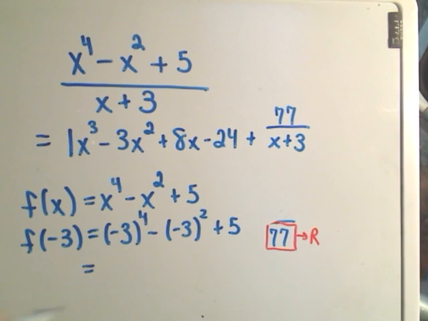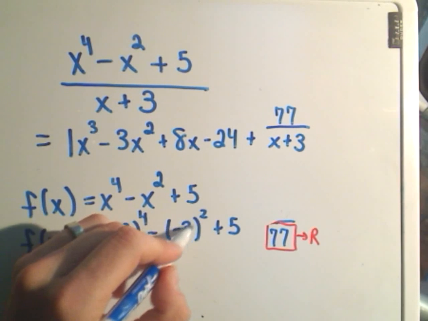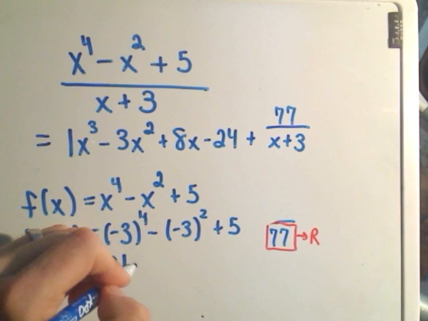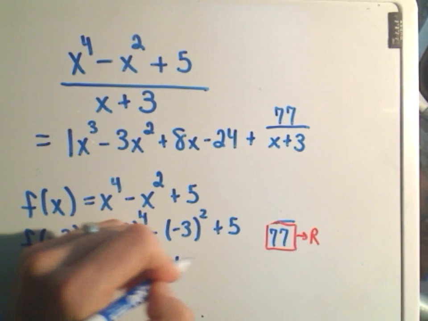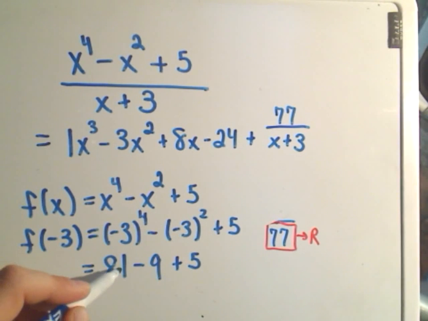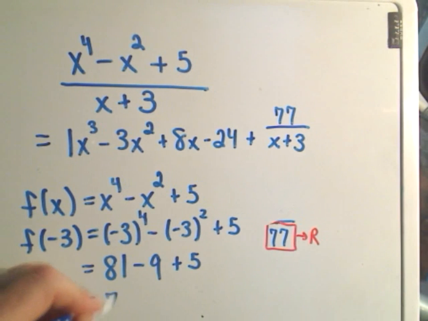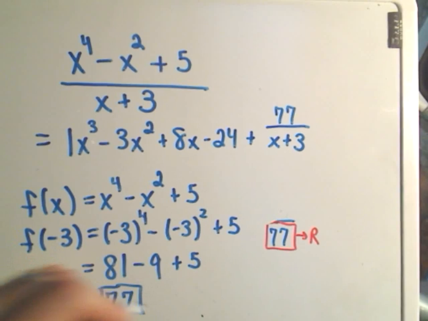Well, negative 3 to the fourth is going to give you positive 81. Negative 3 times negative 3 is positive 9, but again I have to subtract it because of the minus in the middle. Plus 5. Well, 81 minus 9 is going to be 72. Then I add 5, and ta-da, we get 77.